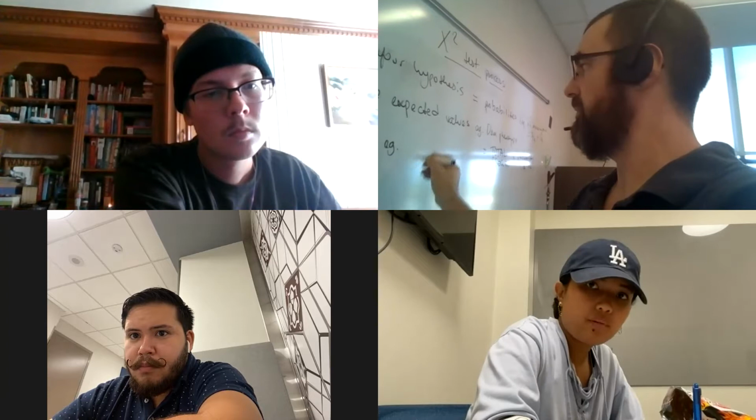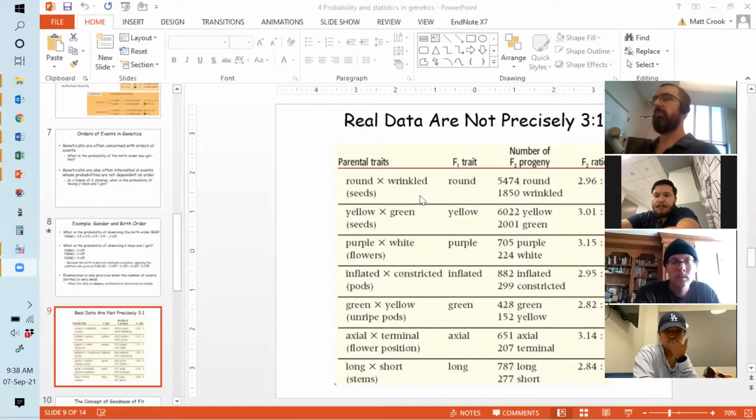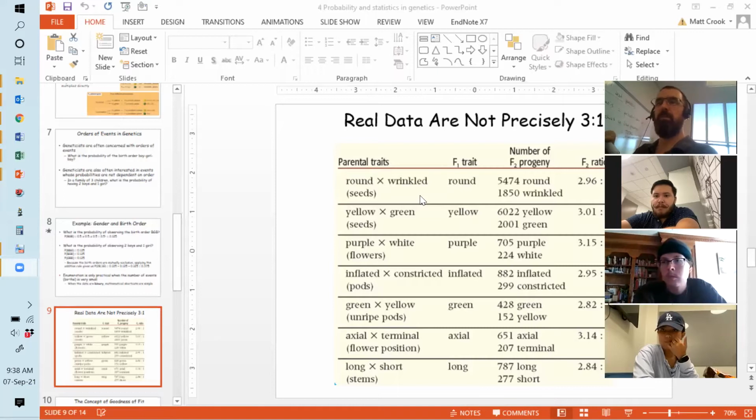The total is 5474. Can you all see? Actually, let me just pull this up on shared screen, so you know what I'm looking at. All right, so it's this top one here, in that PowerPoint. That's what we're going to use.